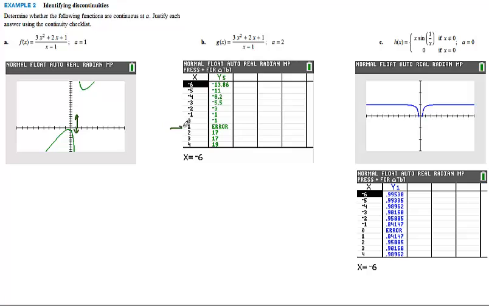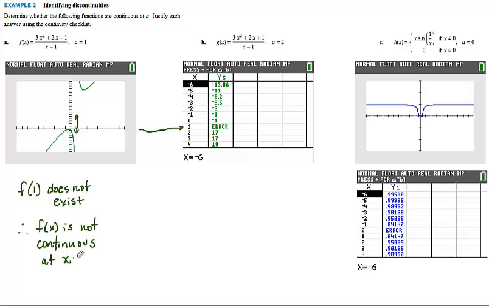If I look at the table for this function, I see that the function does not exist for x equal to 1. So for A, f of 1 does not exist. Therefore, f of x is not continuous at x equal 1.